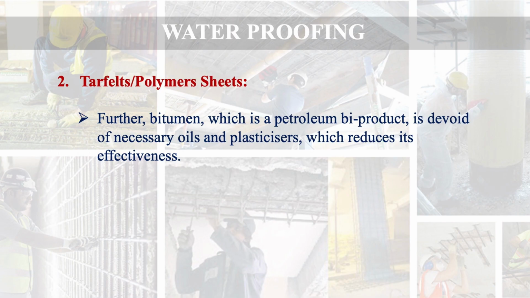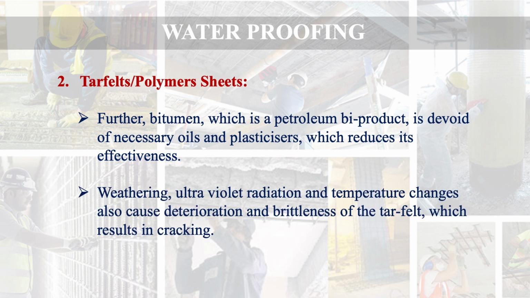Further, bitumen, which is a petroleum byproduct, is devoid of necessary oils and plasticizers, and this reduces its effectiveness. Weathering, ultraviolet radiation and temperature changes also cause deterioration and brittleness of the tar felt, which results in cracking.